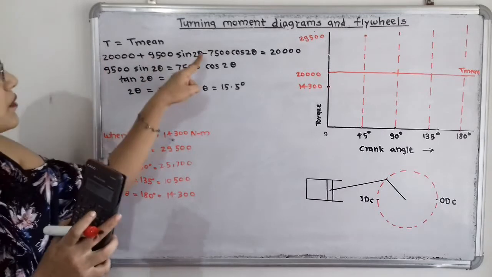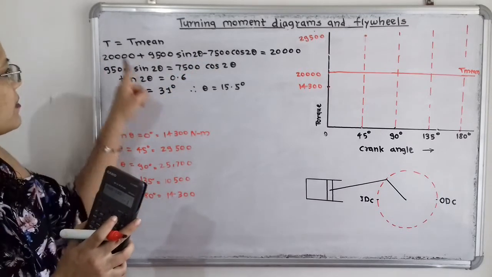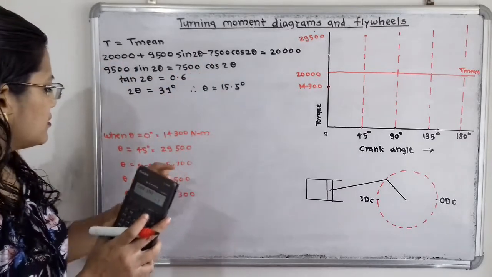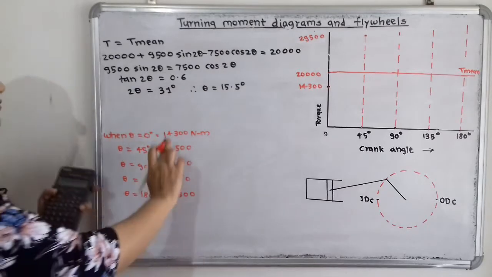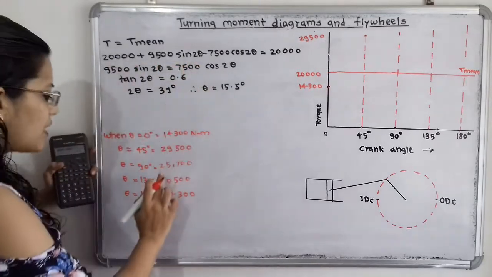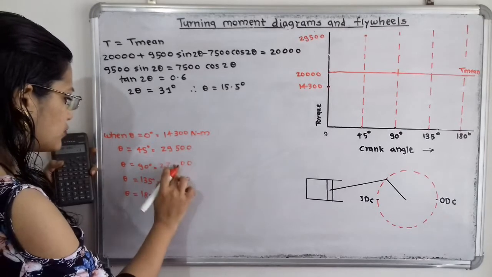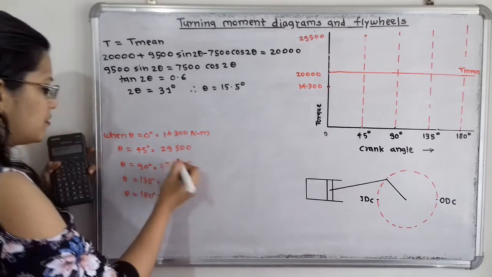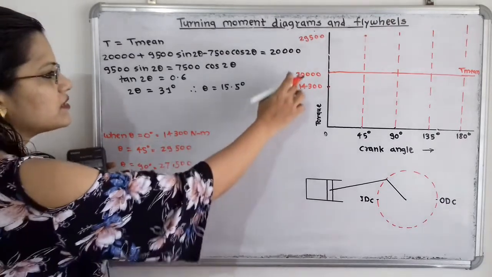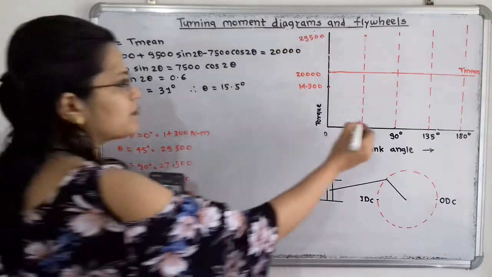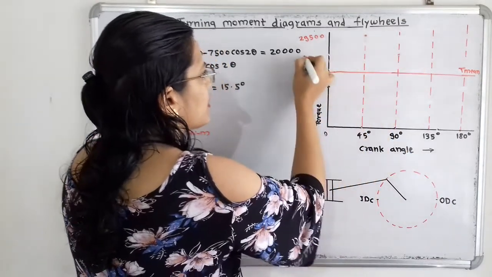So 20,000 plus 7,500 is equal to 27,500. So I will plot here 27,500 Newton meter. This value we have to plot. It is above this 20,000, so again I will plot one point for this 27,500.